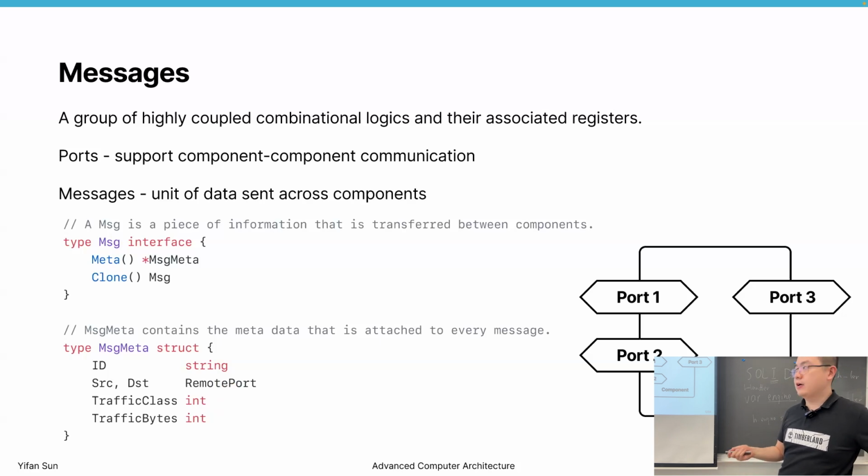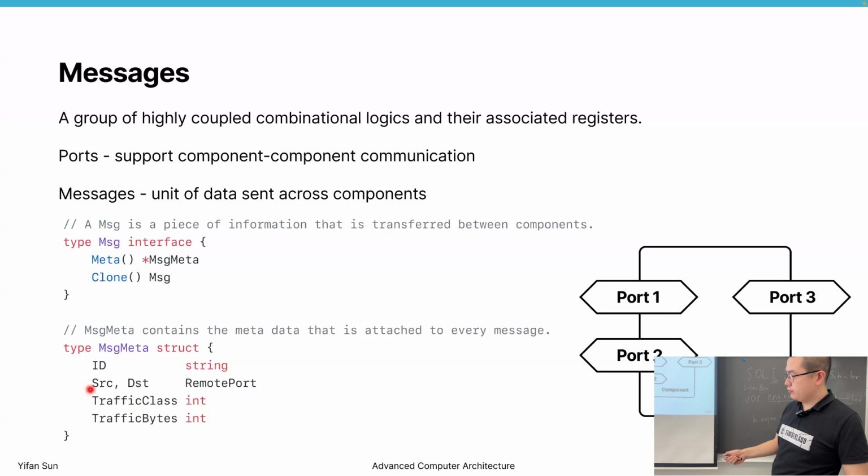So we don't need a reference to the source port and destination port themselves, we just need their names. That's good enough for routing purposes. Why did we make this change? There are several reasons. One reason is that in the future we want to support serialization, so we want to prevent circular serialization dependency. Not that important.